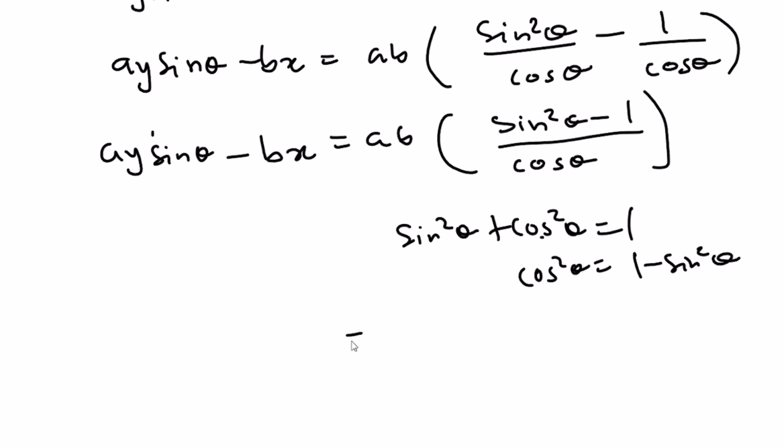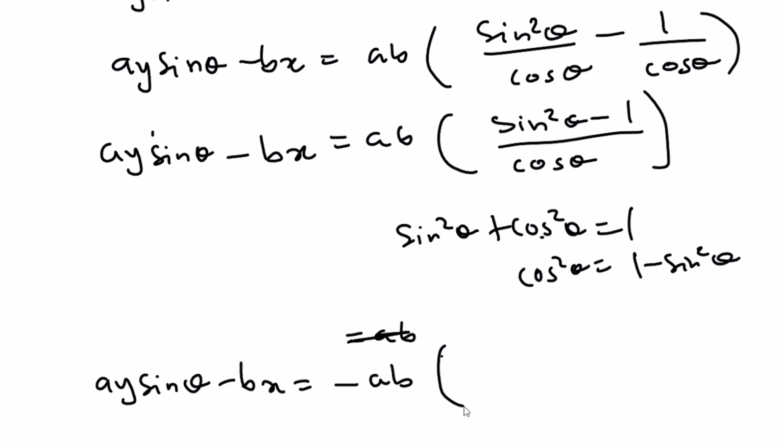We can write it in the form AB. So let me write this. AY sine theta minus BX being equal to negative AB. Now, this becomes 1 minus sine squared theta all divided by cos theta.